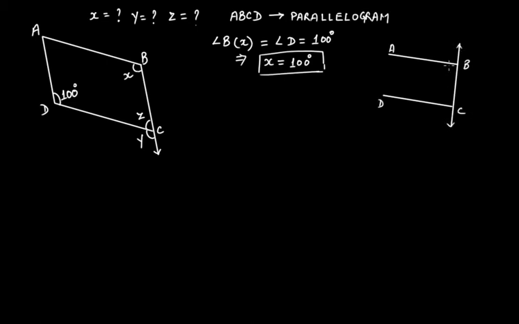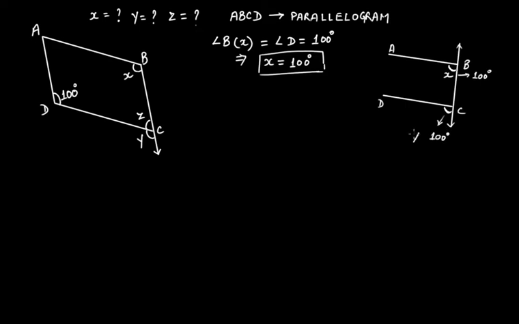And we know that this angle and this angle will be corresponding angles, and corresponding angles are equal, right? Since corresponding angles are equal, we have found from here that x is equal to 100 degrees. Therefore this angle will also be 100 degrees.